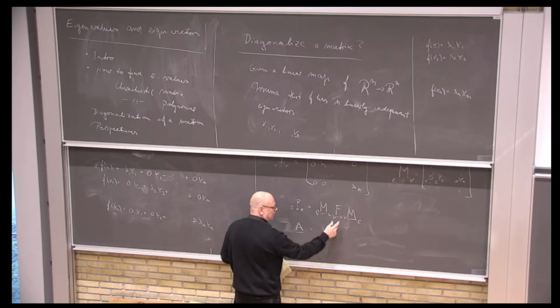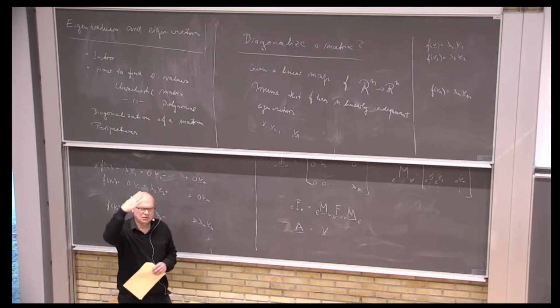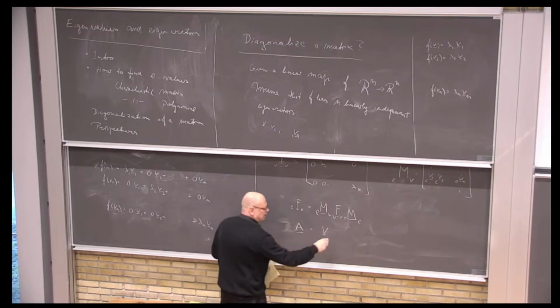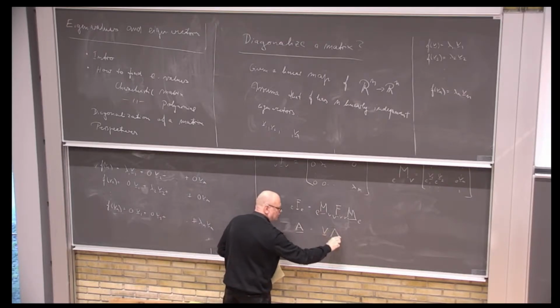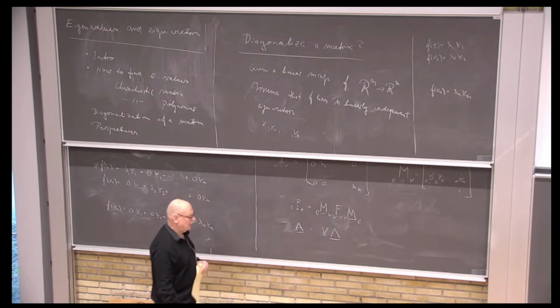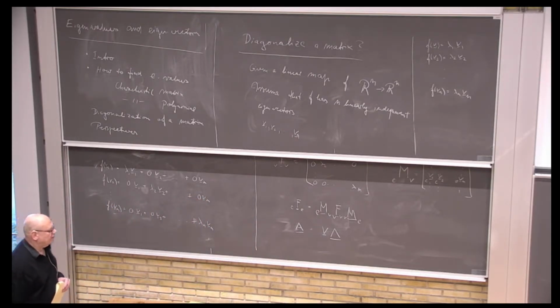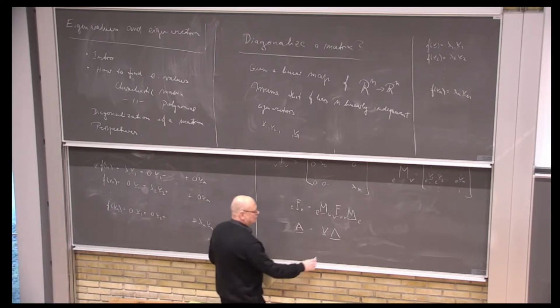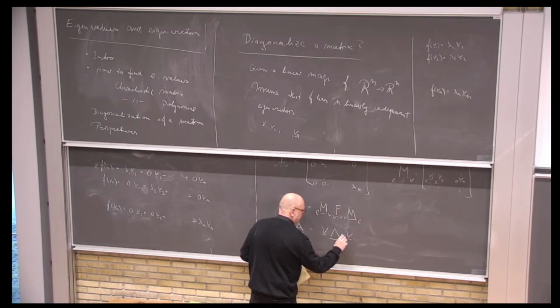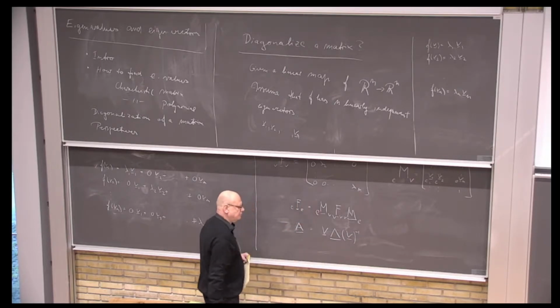And here you have a diagonal matrix with all the eigenvalues. Usually you use a capital lambda, the Greek letter. And then the last one here is simply the inverse of the first one.